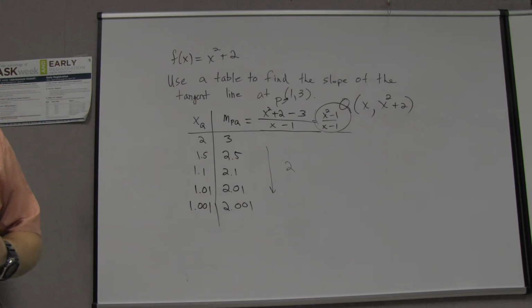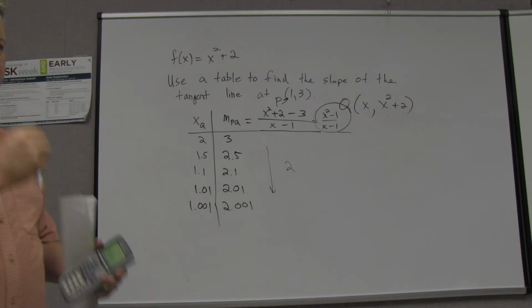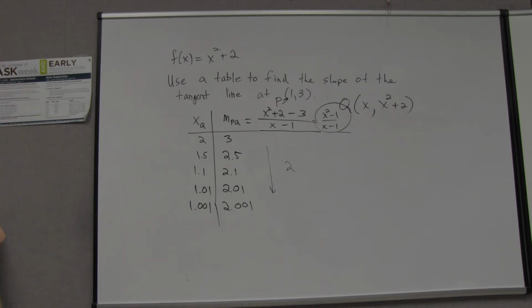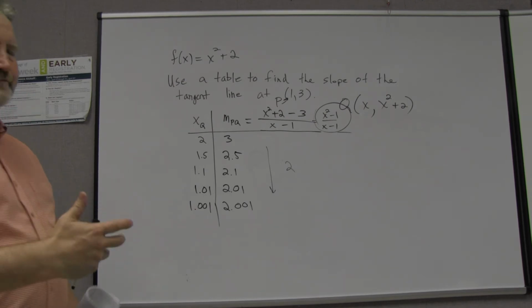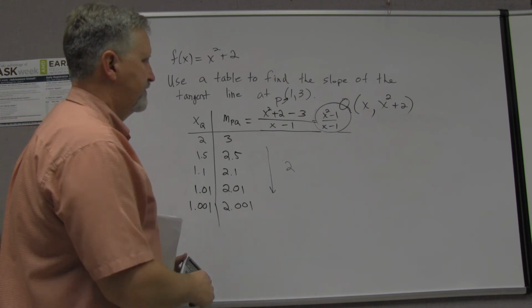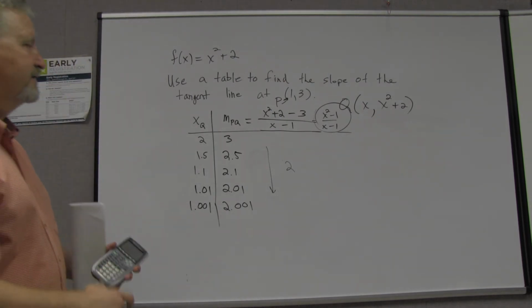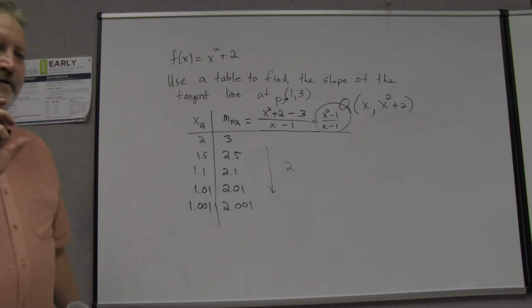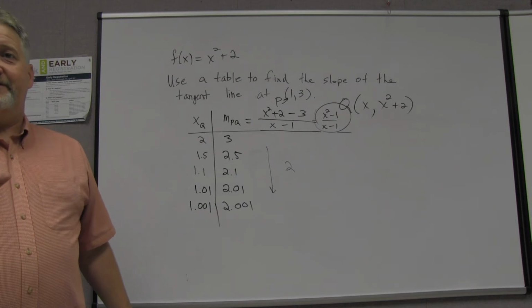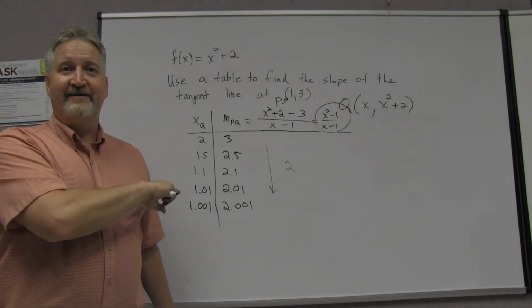Now, one other thing that we talked about on limits, and we'll actually call it a limit a couple of days down the road: remember that we've only looked at one side of this, haven't we?